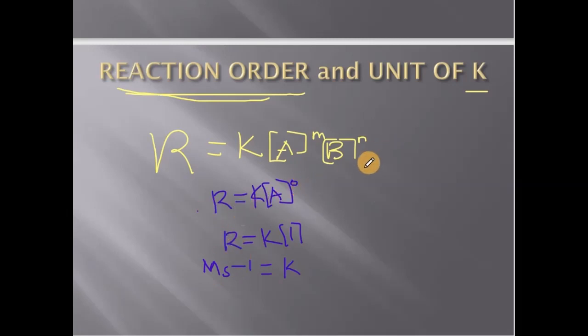Now for a first order reaction, where the rate R equals K times [A] to power 1, since A is molar, the K can be expressed as R over A. The unit of R is molar per second, over the A, which is molar.